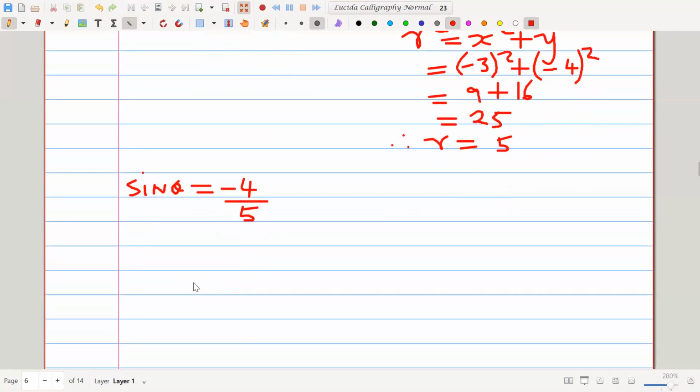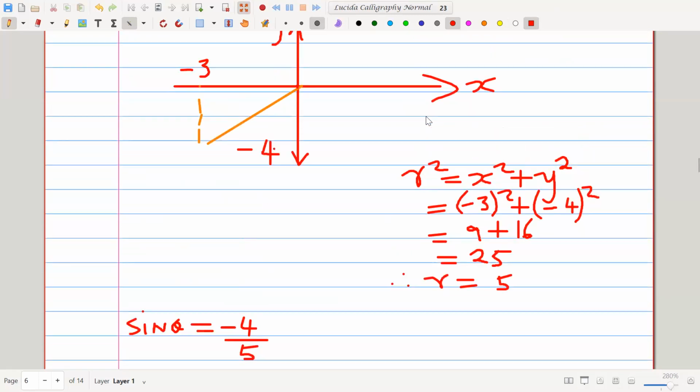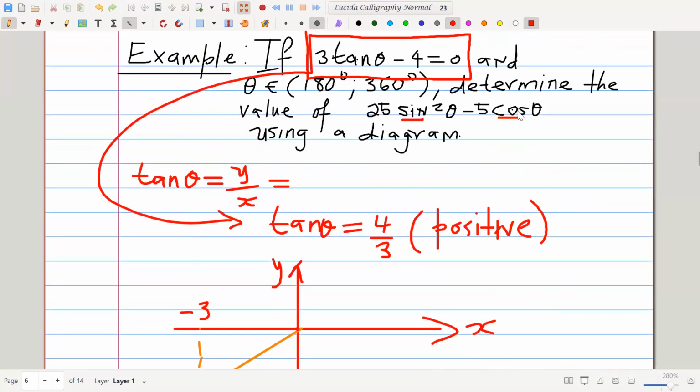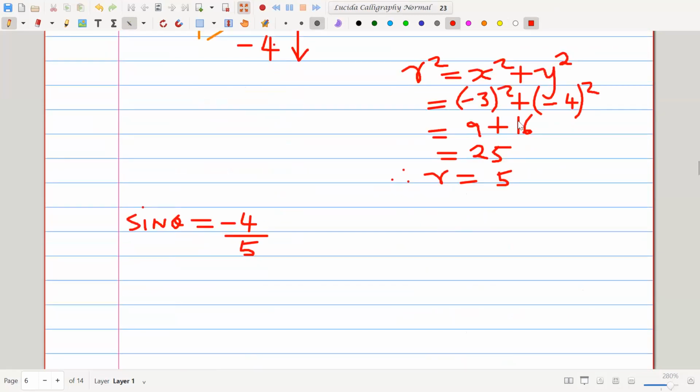If I'm ambitious, actually, I'll go on and check cosine, and then tangent, and the reciprocals of this. But then let's look at what we need specifically for this problem. We will need cosine.